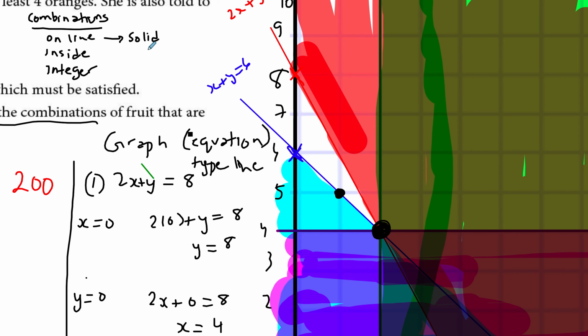Also make sure you go on inside and on the line and also on the axes. So you're allowed to pick this point, this point. Obviously you can't take any negative points, you can't buy negative fruits. So this point, you can't have this because this is a 0.5. You're allowed to have this, and there's nothing else.